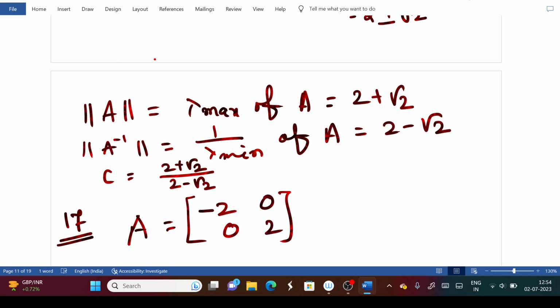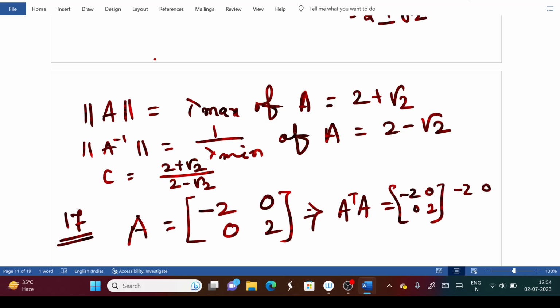So here what we require? A transpose A we require, which is the matrix multiplied with itself, because it is a symmetric matrix. So two diagonal matrices are multiplied, which means minus 2, 0, 0, 2 into again the same matrix, because it is symmetric.